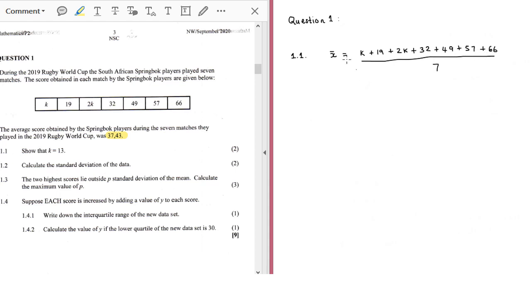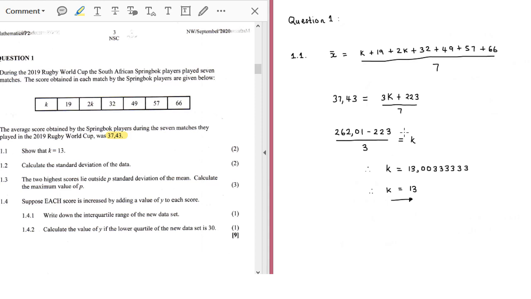We're given that the average is 37.43. So now you can see that this is the equation that we need to solve. We can clean up the numerator by simplifying all of these like terms. The first thing we're going to have is K plus 2K, which is 3K, and then we just need to add all of these other values together, and then we are going to be able to solve for K.